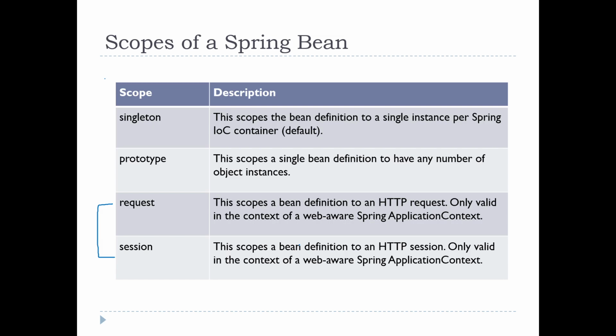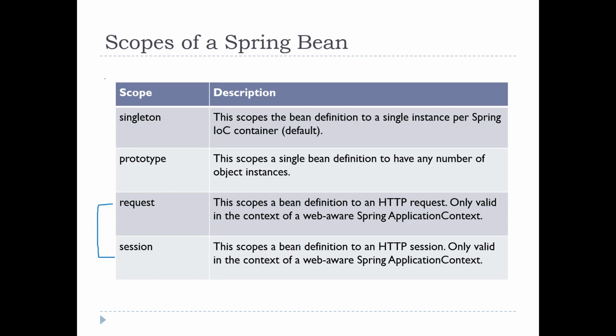This scope is the same that we have seen in JSPs or servlets. If we say that a bean has request scope, then it means that it will be valid only for a given request. Until the response has been sent, the bean will be valid, and after that the bean definition will go out of scope.